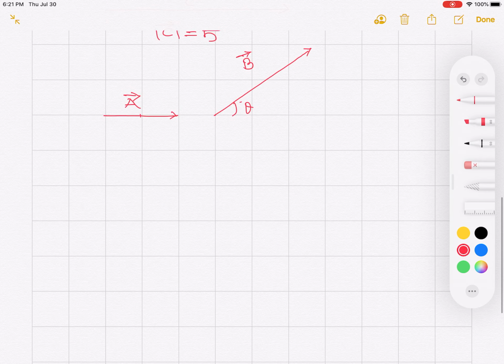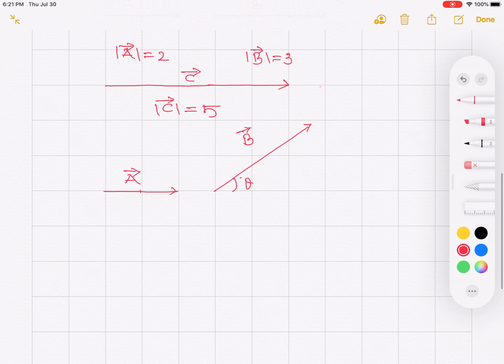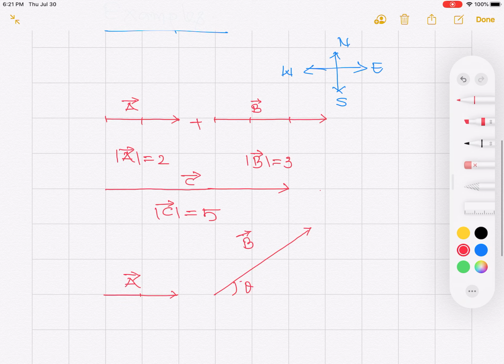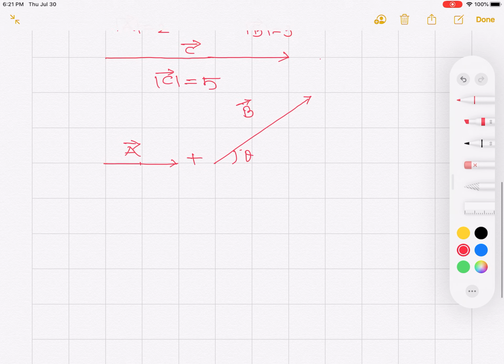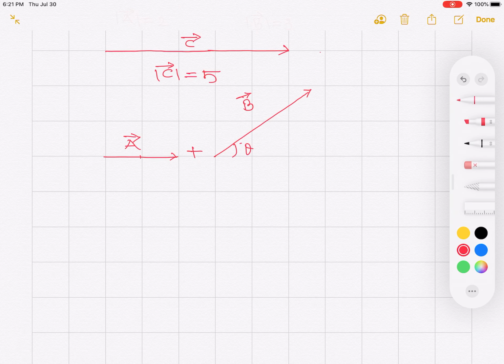Now how to add these two vectors? You cannot add like previously, 2 and 3 making 5 to the east. Now the direction is different, so you cannot add these vectors directly. But you can add them using a different method.